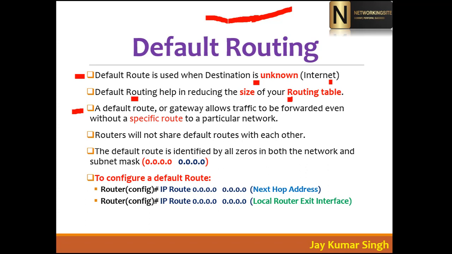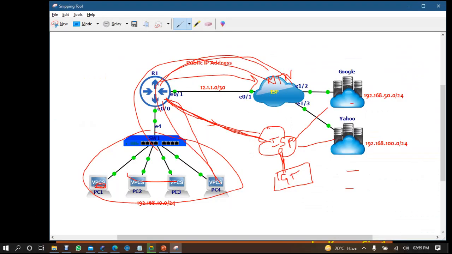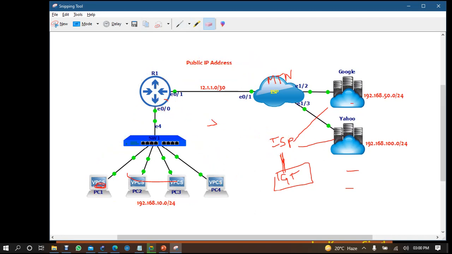A default route or gateway allows traffic to be forwarded to a specific route or to a particular network.